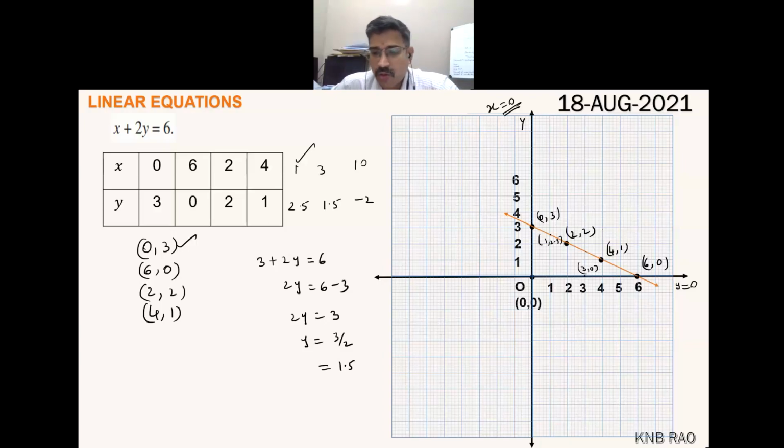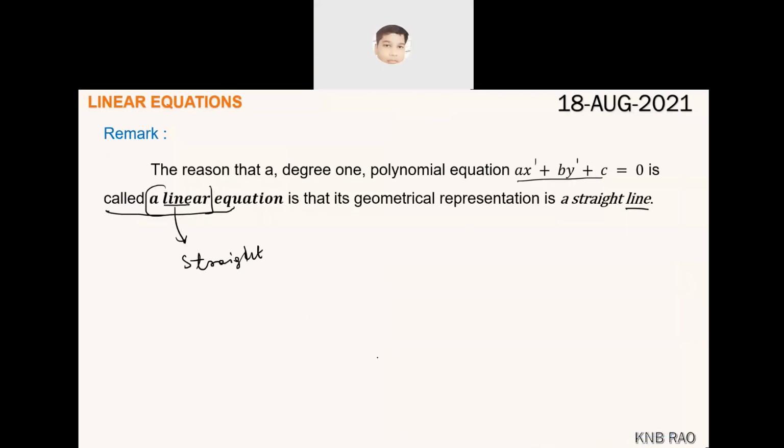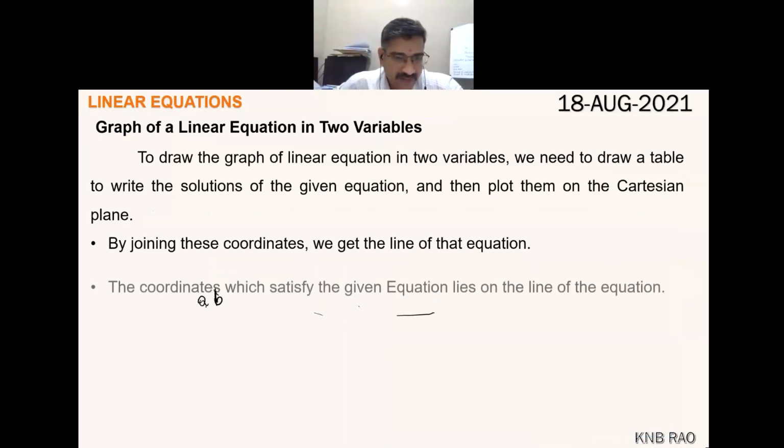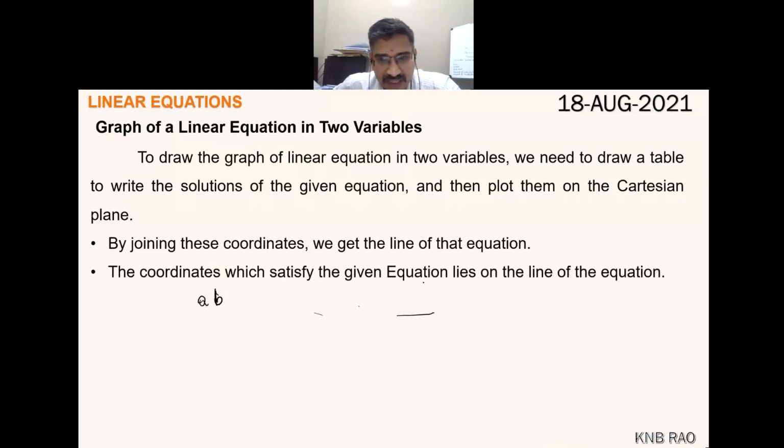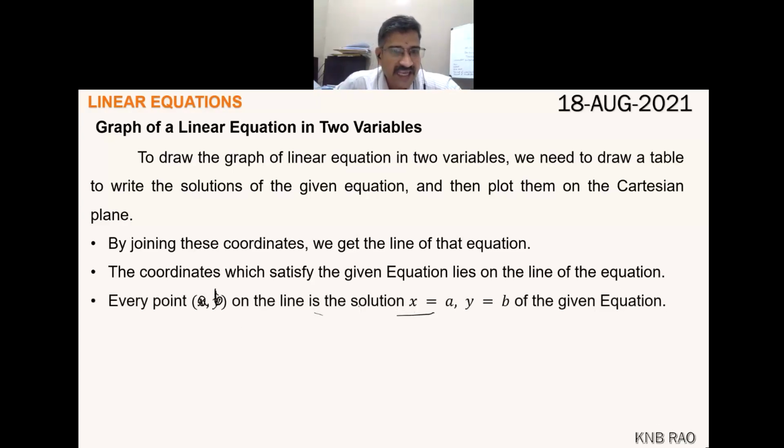So we have that point said this way: the coordinates which satisfy the given equation lie on the line of that equation. And the fourth point is every point a comma b on the line will be the solution. If a point lies on the line, it is the solution of the equation.